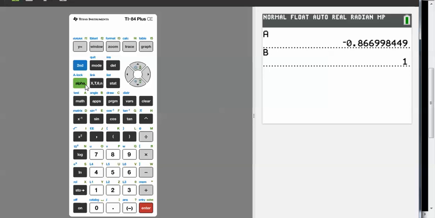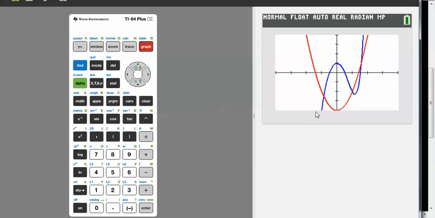Just for consistency, I left it as B. And C is when x is 1.5905. So those are my points of intersection. They make sense. Negative 0.866, yeah. 1, yeah, and a little over 1.5, yeah. Those are my x intersections.